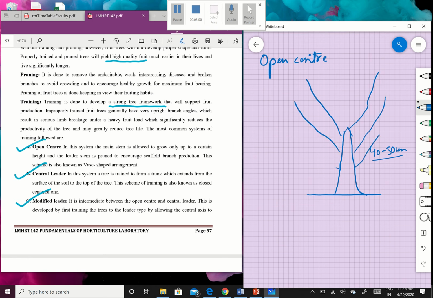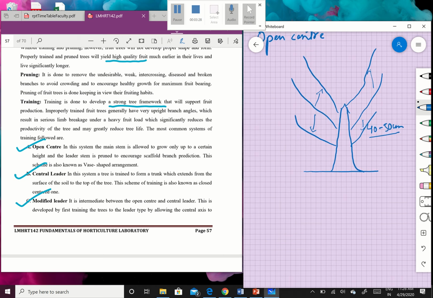From this, subsequent vegetative growth will occur. From here we select 4 to 5 well scattered, well spaced branches around the main stem, and retain these branches. Let's see the advantages of this.